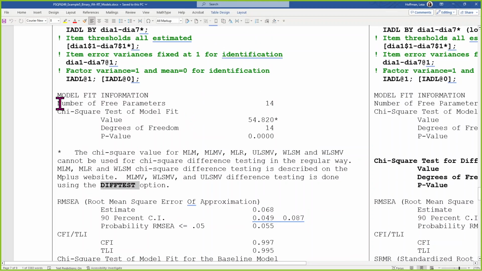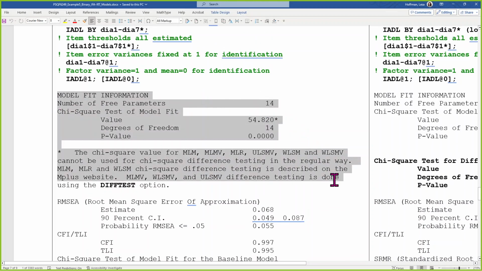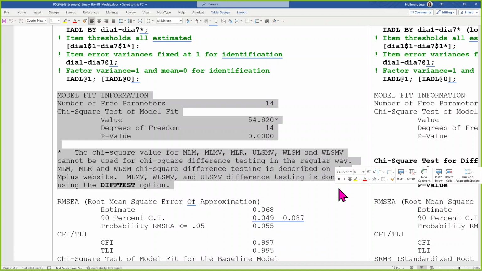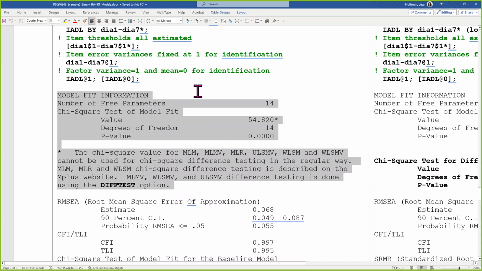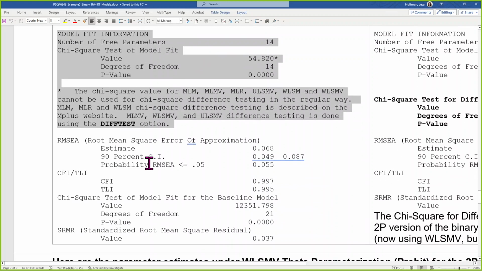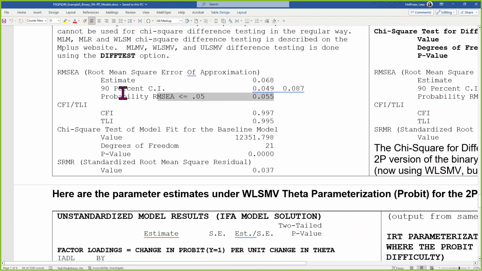You know why? Do you see H0 in here anywhere? Or H1? Nope, doesn't give you log likelihoods because it's not really based in that. So instead, we have to make it do the model comparisons for us using DIFFTEST. I'll show you in just a second. RMSEA, this is familiar. This tells us what in terms of fit?